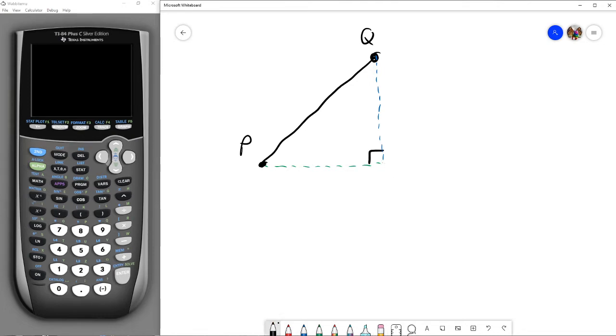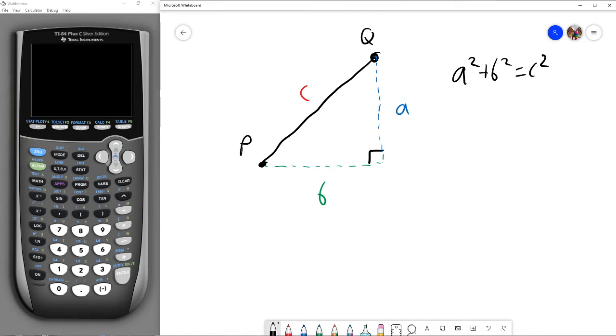And if this was a, b, and c, using our notation, we know from the Pythagorean theorem that a squared plus b squared is equal to c squared. So if we can figure out what a and b are, then we could figure out the length of the hypotenuse, which is our distance from P to Q.